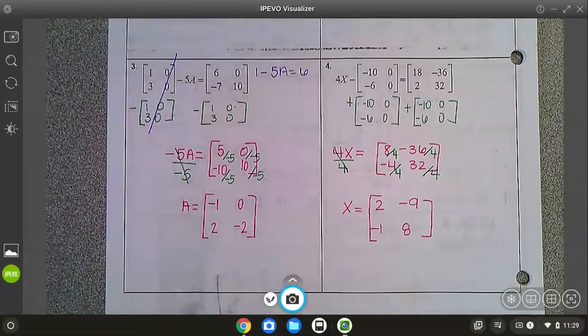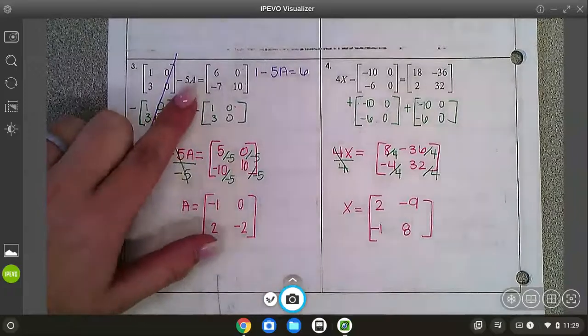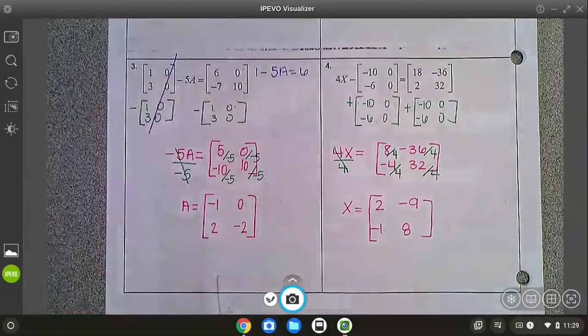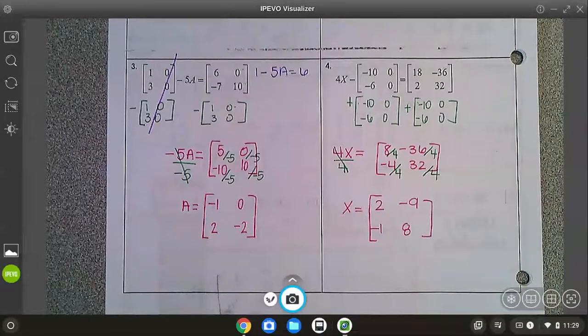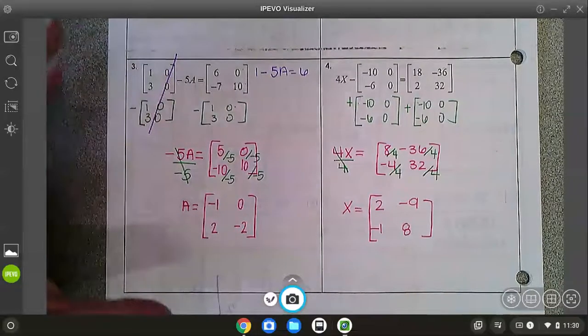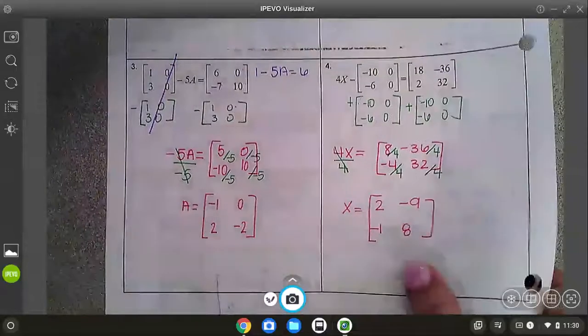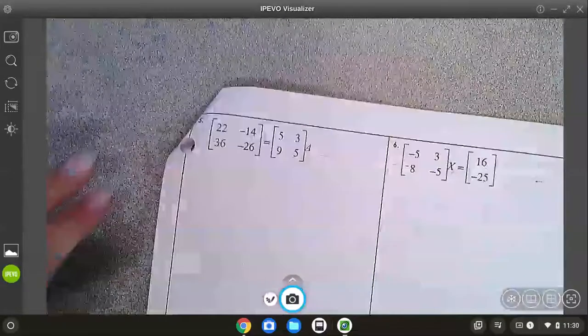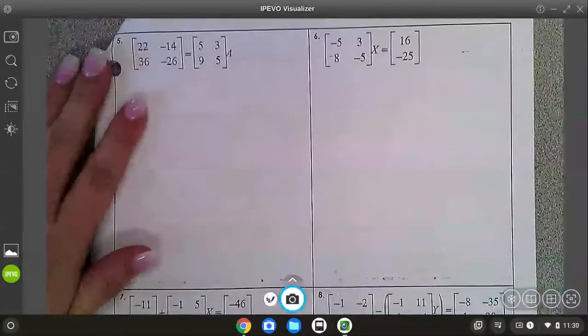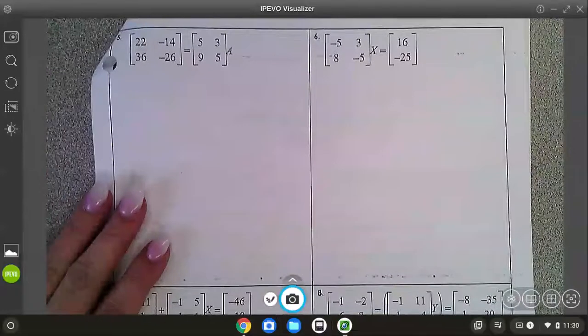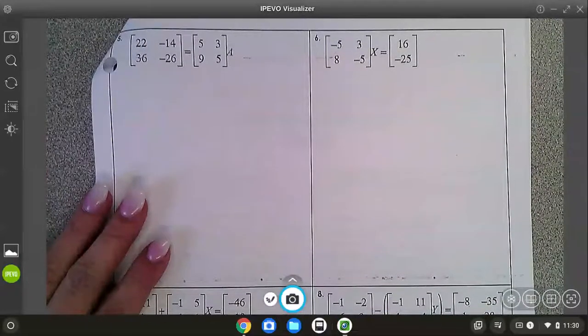So if you'll look on these, every one that we've done so far, your variable has been right next to just a plain number or nothing at all. And those we can do a little easier. When we get to these others, your variable is next to an entire matrix.